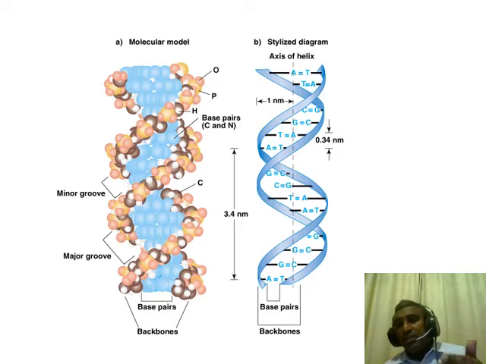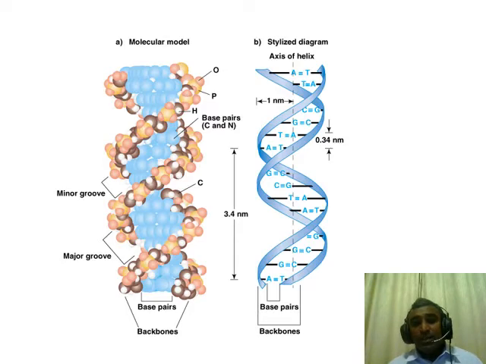Another strand is anti-parallel, that means 3' to 5'. And then you can see the minor groove as well as the major groove. Also shown is the 3.4 nm, which encompasses 10 base pairs. And then between one neighboring base pair and the other is only 0.34 nm. Okay.